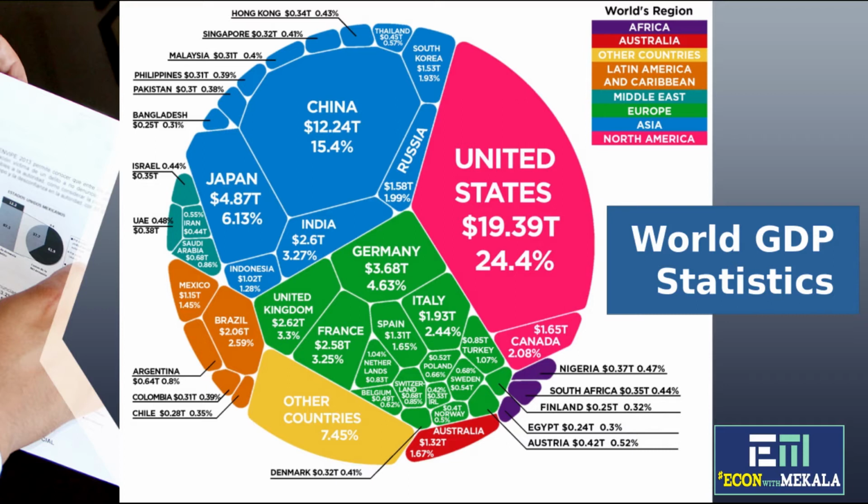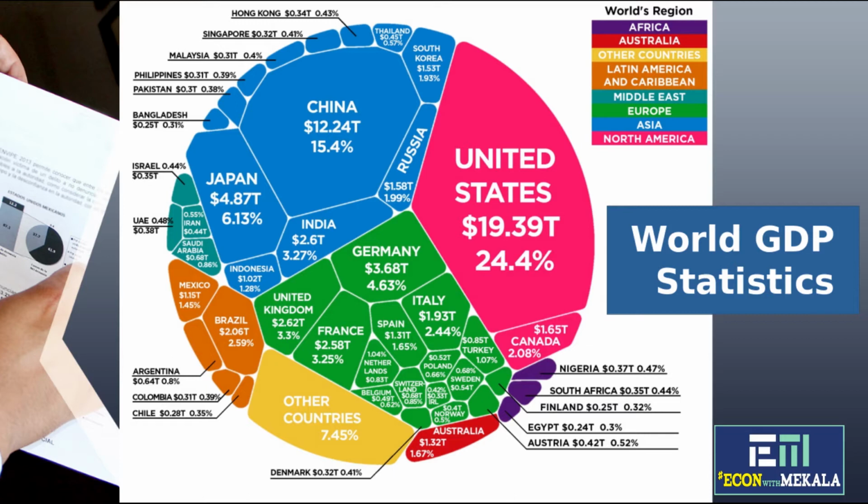Looking at world regions, we can see Africa indicated in purple color. Its contribution towards the world GDP is relatively very low compared to countries in the European region or North American region. If we look at different statistics from countries around the world, there are differences.